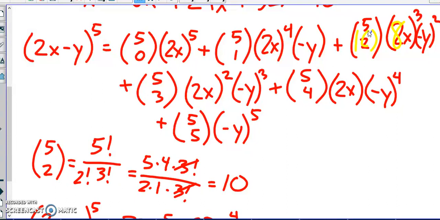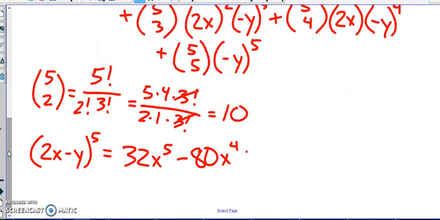And then that negative will cancel because it's squared. So 10 times 8 would be positive 80. So this would be plus 80. Oh, I forgot a y in that one. So then this would be x cubed y squared. So I forgot my y to the first power right here. Sorry about that.